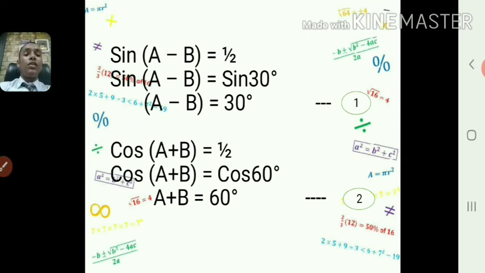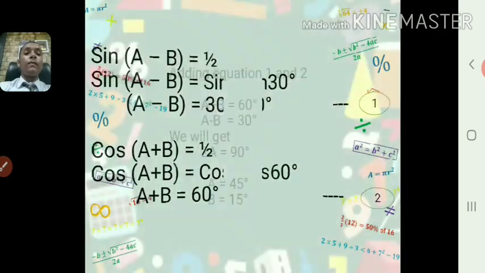It will be our first equation. Then cos a plus b is equal to 1 by 2, so cos a plus b is equal to cos 60, as we know that cos 60 is equal to 1 by 2. On both sides it is cos, so we cancel it out, and we get a plus b is equal to 60 degrees. It will be our second equation.